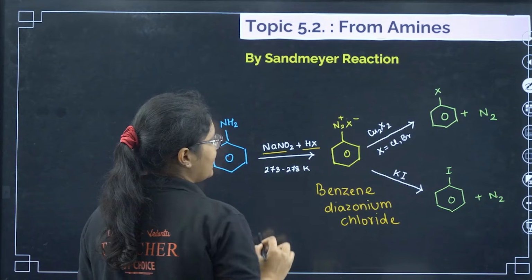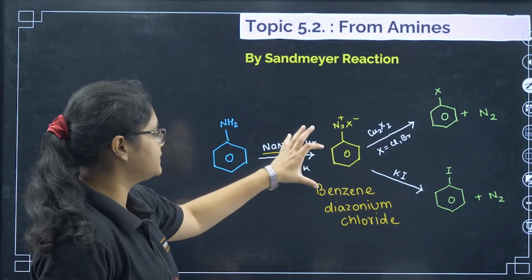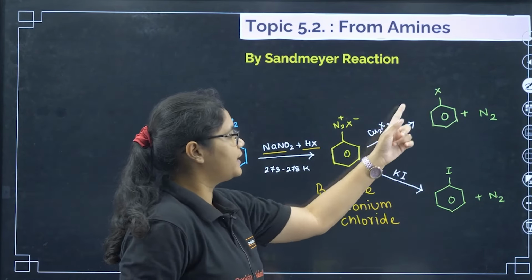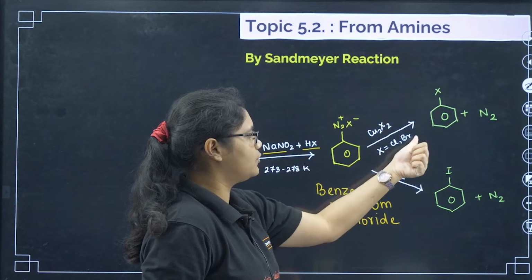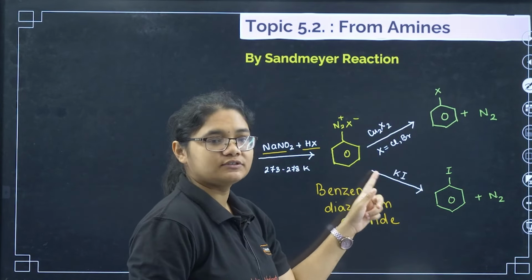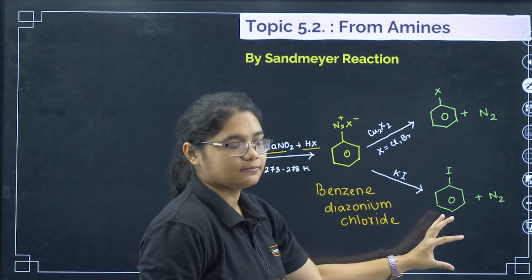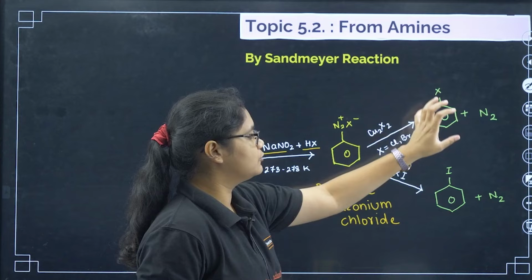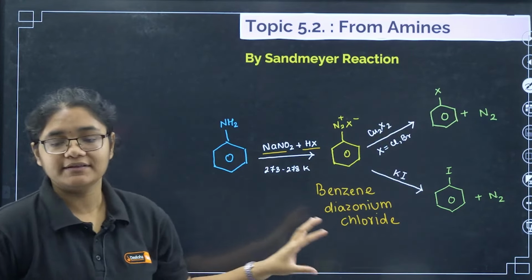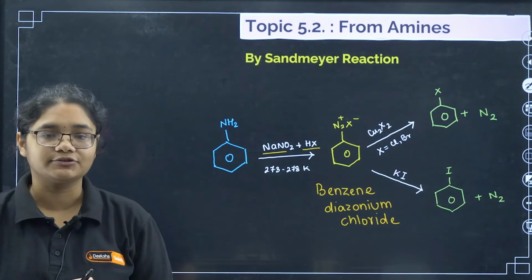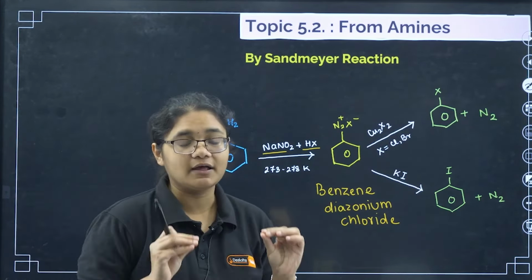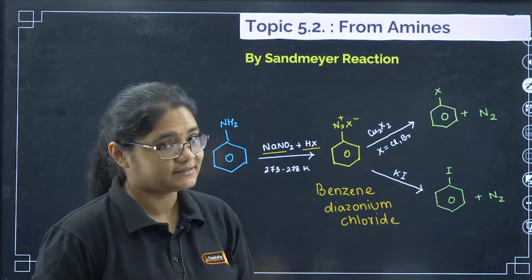Using NaNO2 and HX. Once you get this, then you can convert it using Cu2X2, where X can be chlorine or bromine. If you use KI, you will get iodobenzene. So you can get chlorobenzene, bromobenzene or iodobenzene, and this reaction is called Sandmeyer reaction. So that is how we have done with the preparation of haloarenes as well.